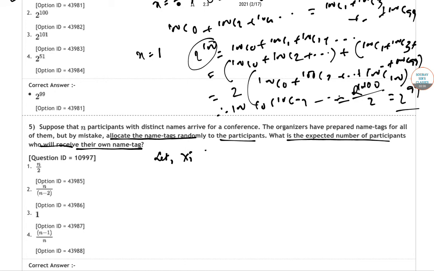Let xi be a random variable. Okay, so xi equal to 0 if a person doesn't get his correct name tag, and xi equal to 1 if a person gets his correct name tag.